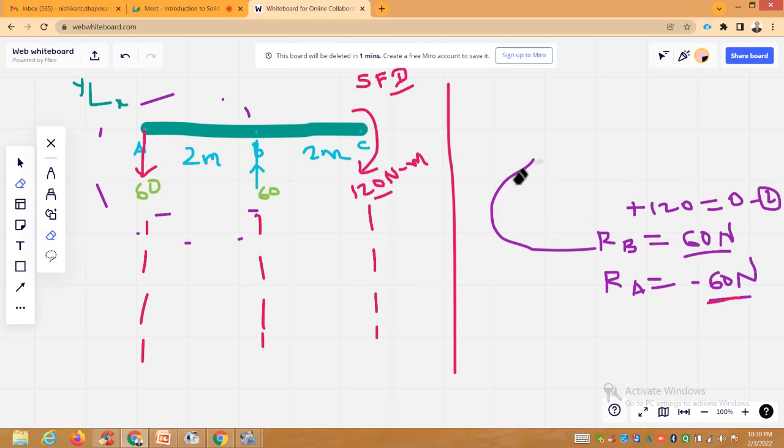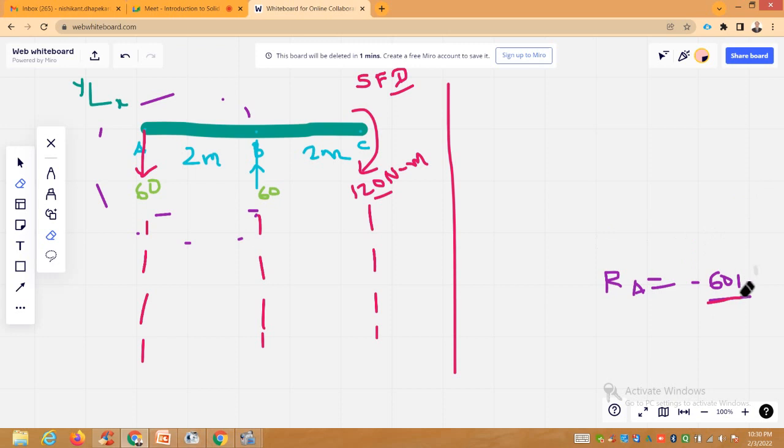In your higher semesters, whatever we are plotting, the shear force and bending moment diagram in this mechanics of solids, it is for the determinate structures. You can easily determine the reactions. In upcoming semesters, you will come to know that it is very difficult to determine the reactive forces. Unknowns are more than the available equations.